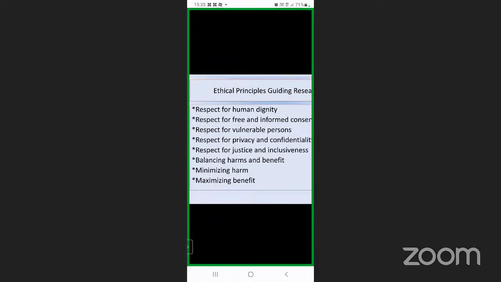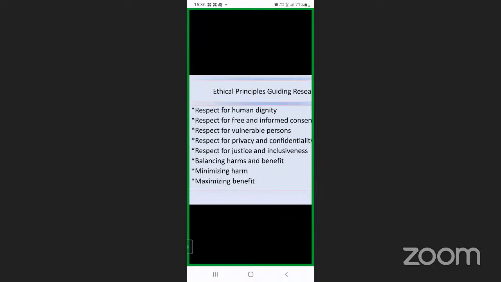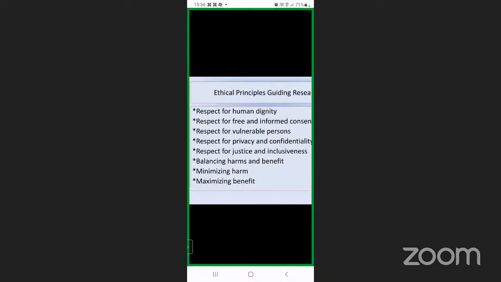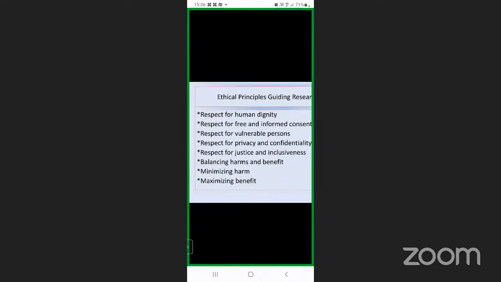We are performing this practice to respect human dignity and human values. Then, respect for free and informed consent.